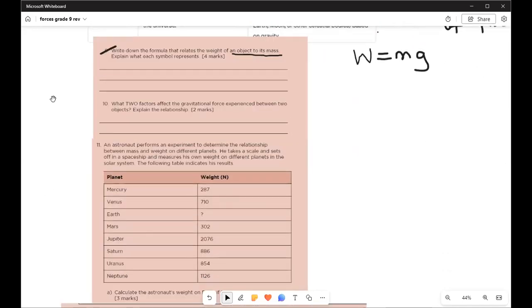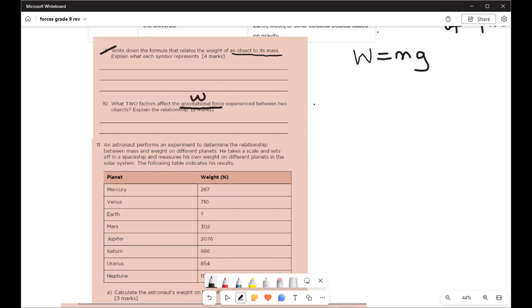They say, okay, what 2 factors affect the gravitational force experienced between the object? Explain the relationship. Okay, so weight, remember gravitational force, ladies and gents, we said it's weight, right?